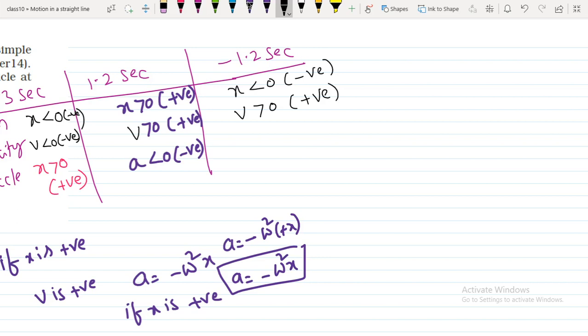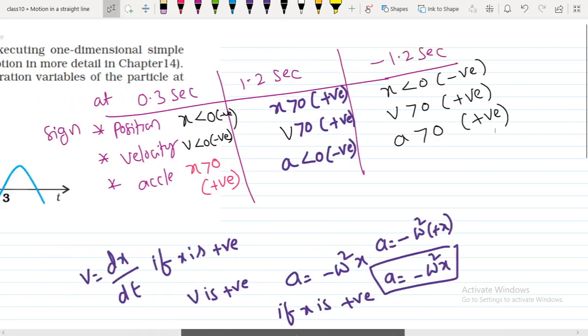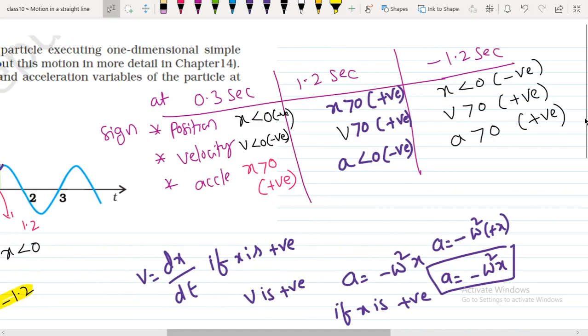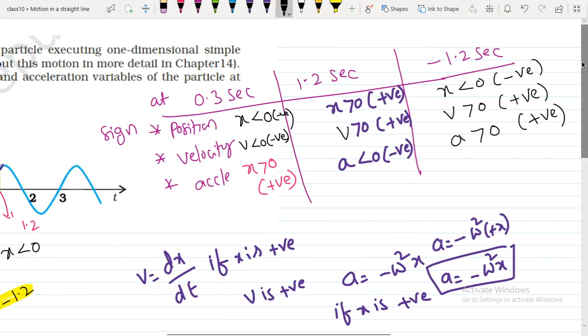And acceleration also becomes positive, greater than 0. This is what they ask in SHM: the signs of position, velocity and acceleration at different timings. We will learn much more about simple harmonic motion in the last chapter.